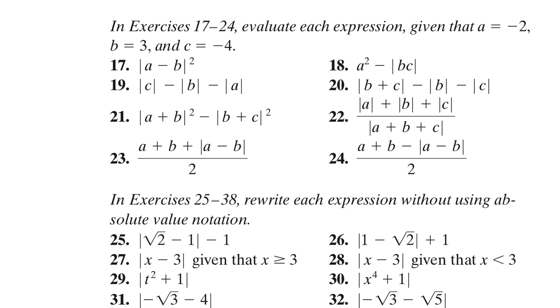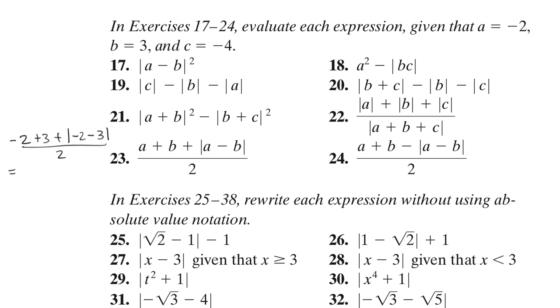If I say that a is -2, and then plus b, so +3, plus the absolute value of a, which again is -2, minus b, which is 3, all divided by 2.